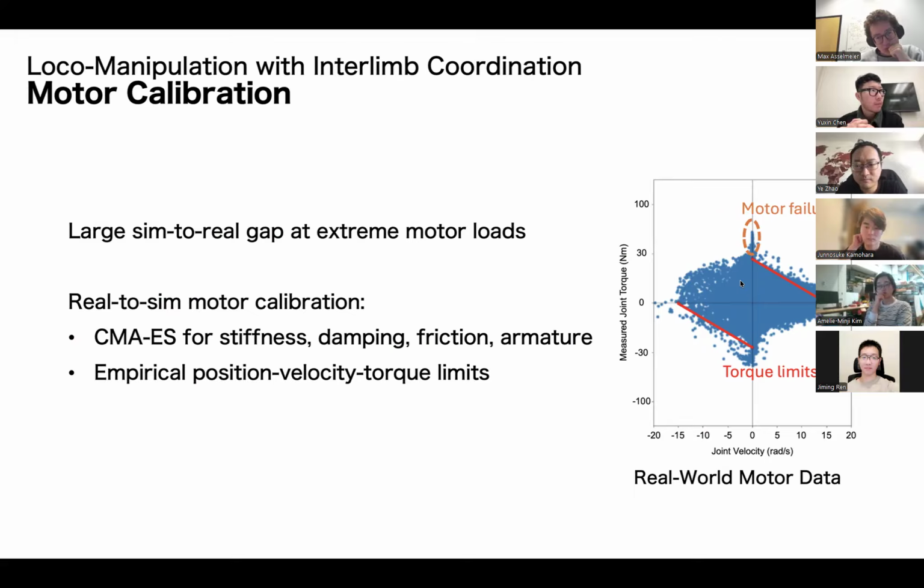I think the people at the RAI Institute do the system ID for all the robots they have: the Spot, the G1, the H1, also the Atlas. They do all those system IDs to find the accurate motor parameters to guarantee a smaller sim-to-real gap transfer.